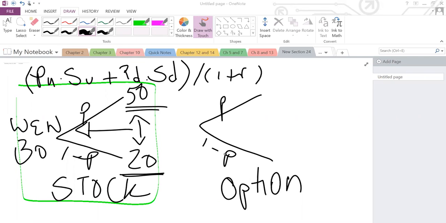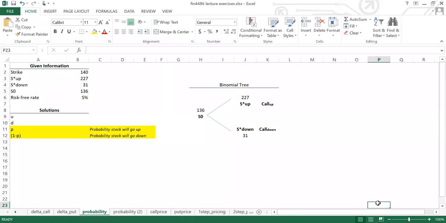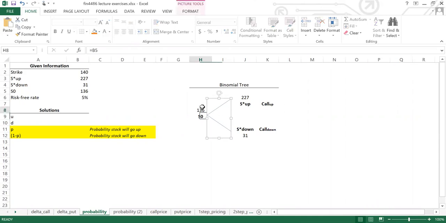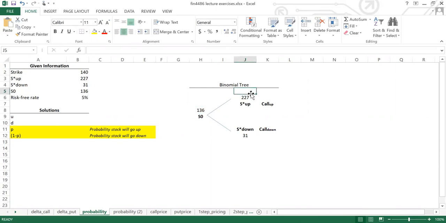If we go to an Excel where we have the potential prices of our stock in these two states, good state of the world and bad state of the world. For instance, let's assume the stock price today is 136. If the stock price moves up, it will take a value of 227.